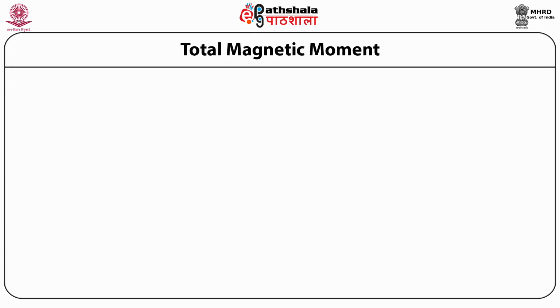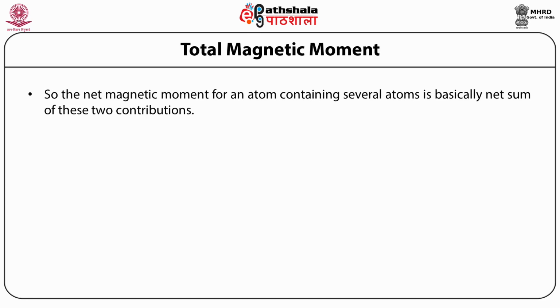Now we will be discussing the total magnetic moment having the contribution from the orbital magnetic moment and the spin magnetic moment. The net magnetic moment for an atom containing several electrons is basically the net sum of these two contributions.